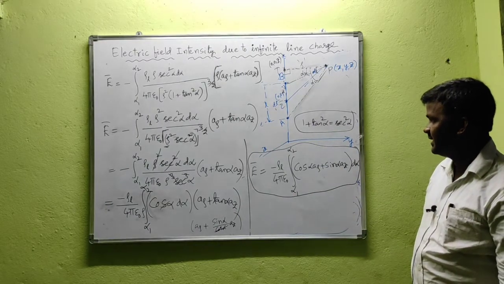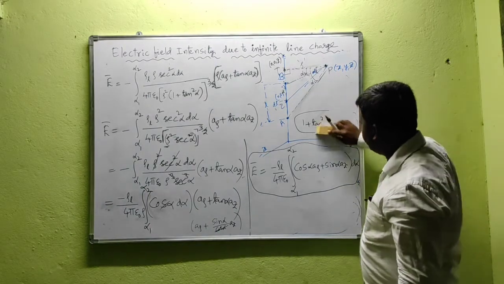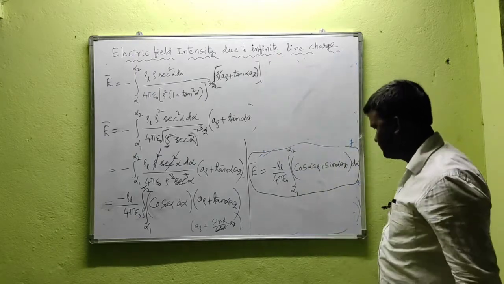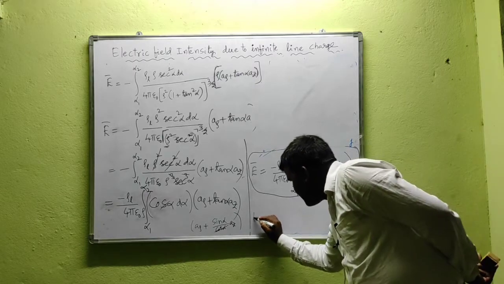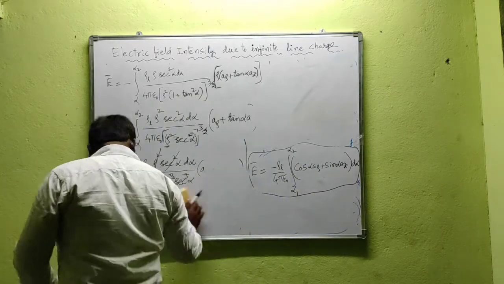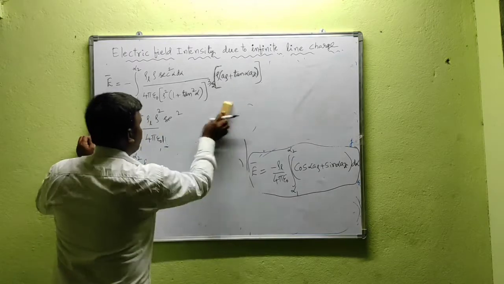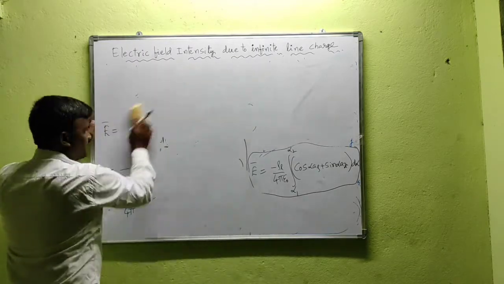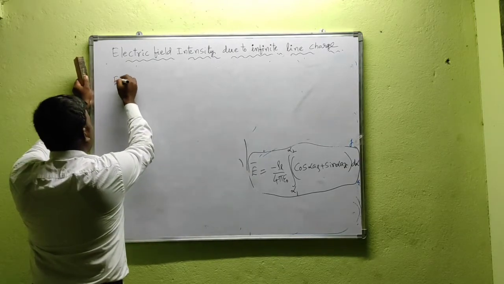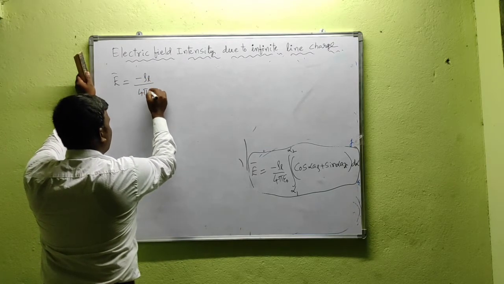Now let us simplify this integration. E bar is equal to minus rho L by 4 pi epsilon naught.